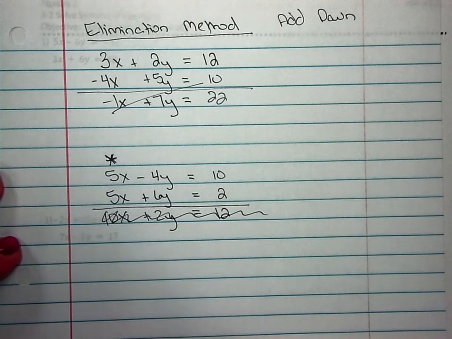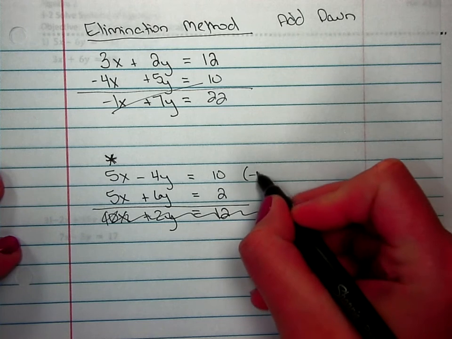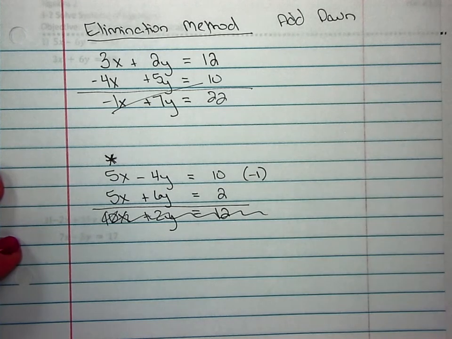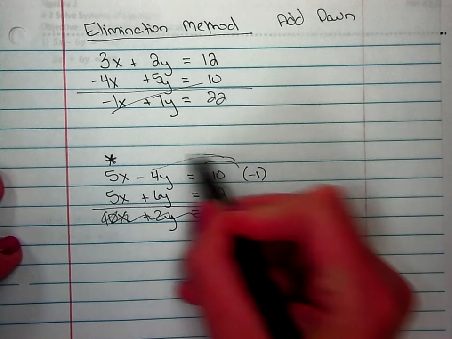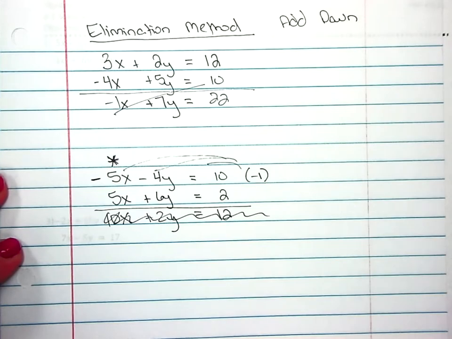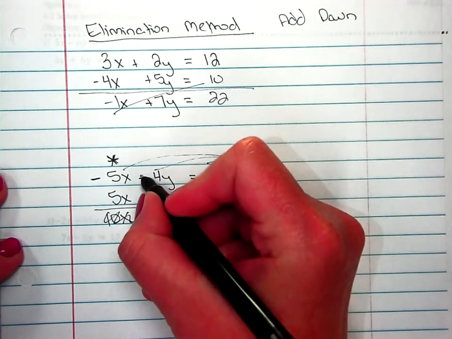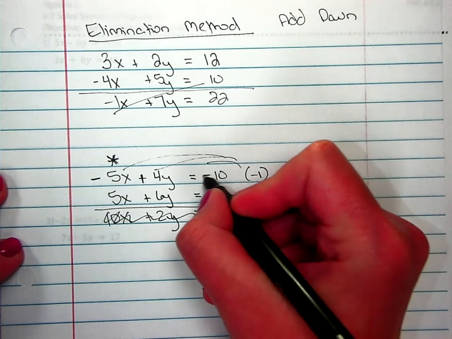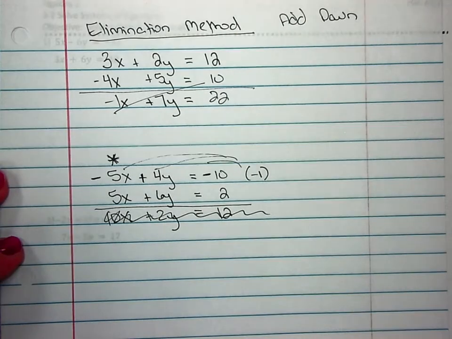Instead of adding, I really don't want to subtract, but if I were to multiply one of the equations by negative 1 all the way through, then I would get a negative 5. That would turn into a plus 4, and that would turn into a negative 10.